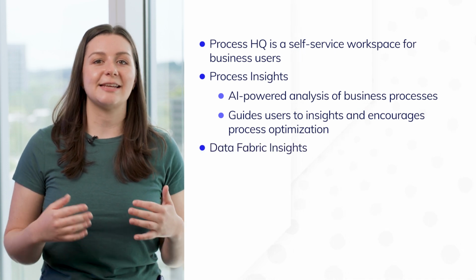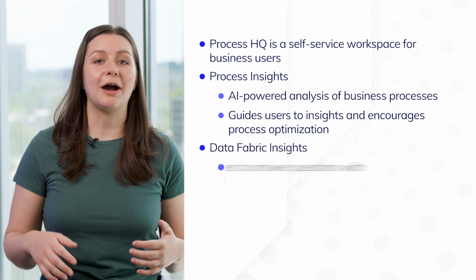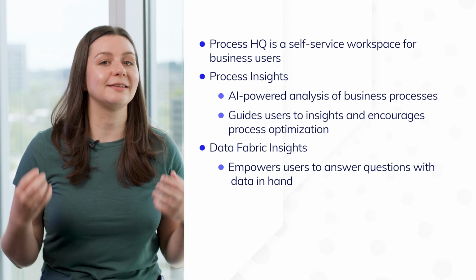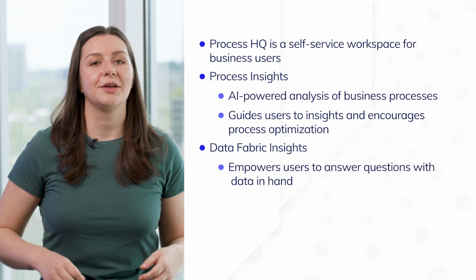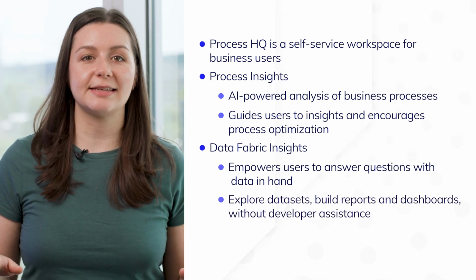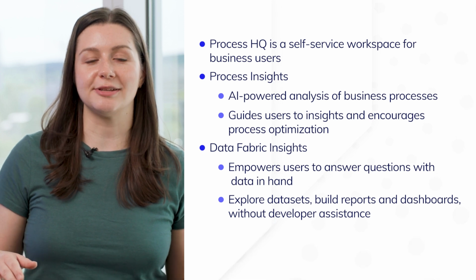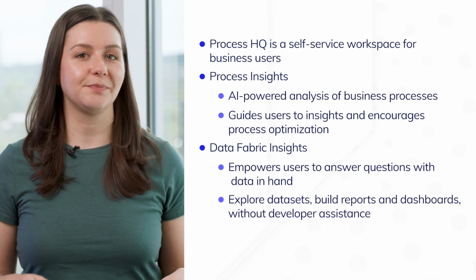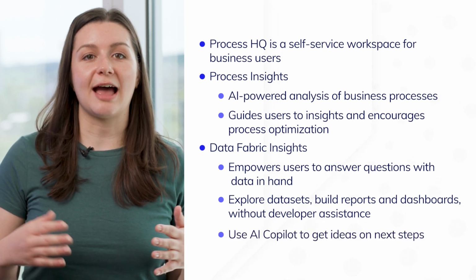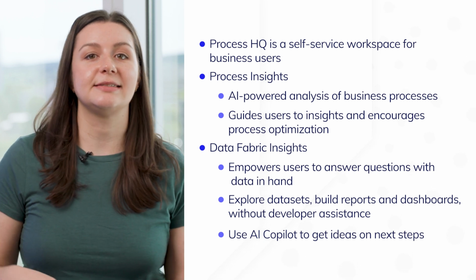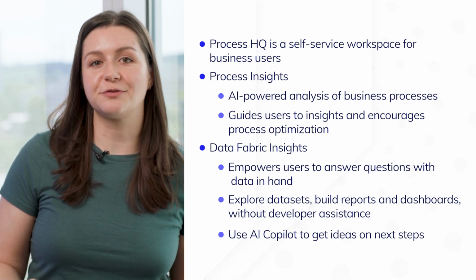The second is Data Fabric Insights. It empowers users to answer questions with data in hand. Users can explore their data sets and build reports and dashboards without developer assistance. A business user can use Appian AI Copilot to get ideas on next steps and areas for improvement.